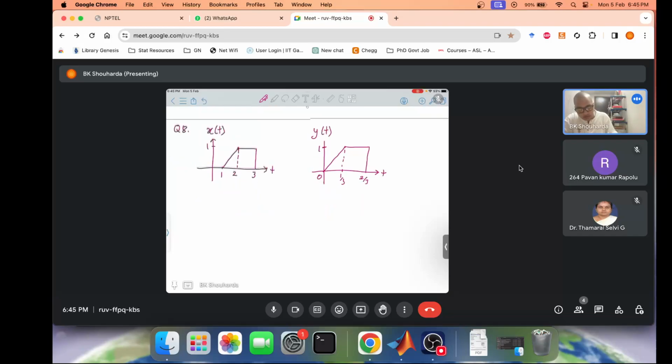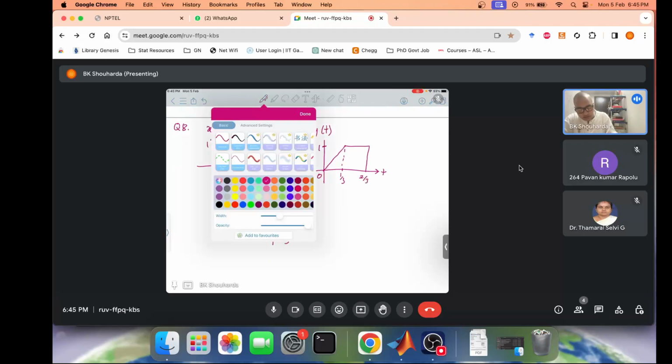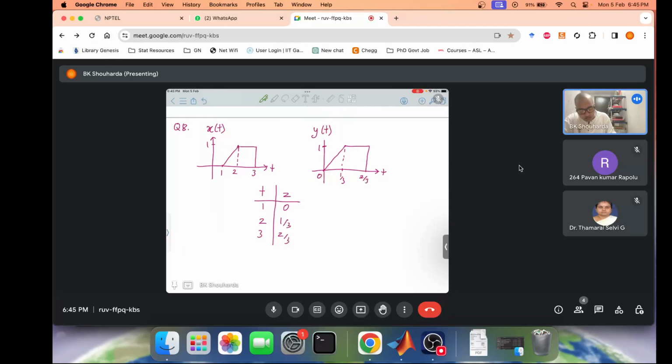Let us note the critical values of t and z. t is 1, 2, 3. Here it is 0, 1 upon 3, 2 upon 3. So we have a linear transformation, so let me choose two numbers to have this line of linear equation. So (z minus 0) upon (t minus 1) is how much?